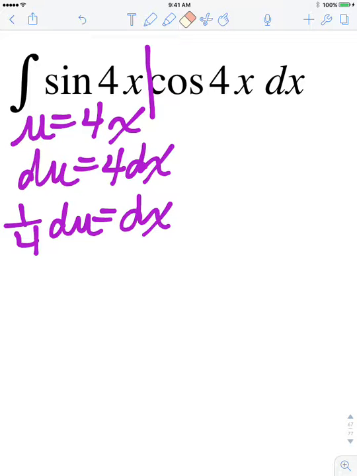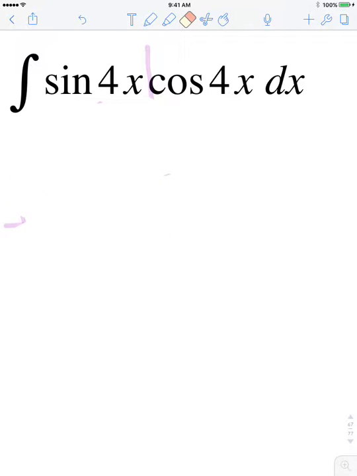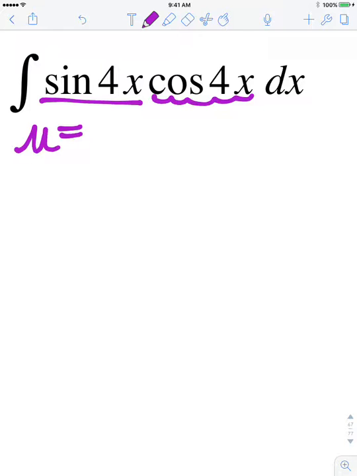All right, so let's try again. What happens if I make u, let's say, sine of 4x? Let's try that. How do I know it worked? If I get the rest of this in my du. So let's give it a try.